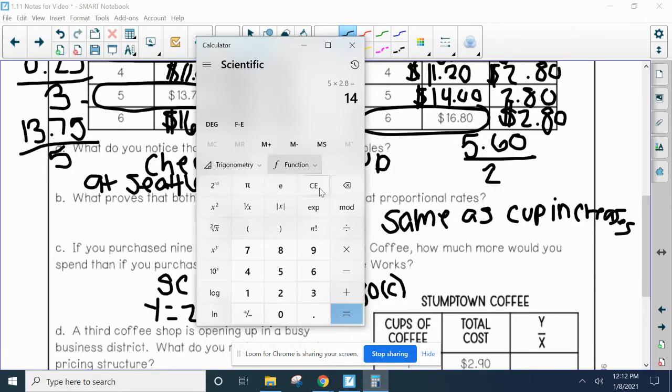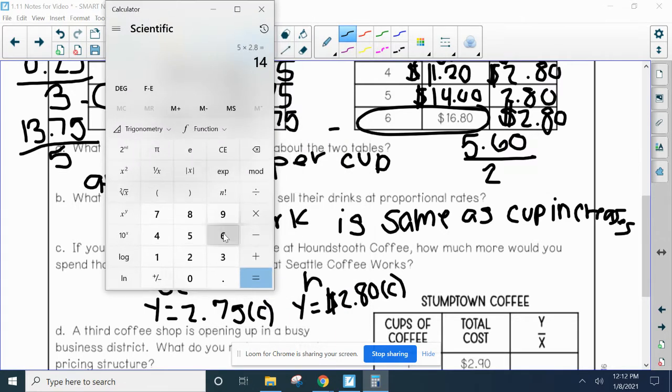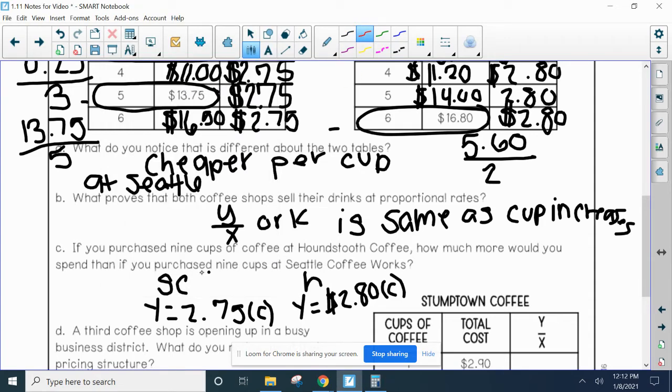We know that $2.75 times 9 cups, we're buying 9 cups both times, is going to be $24.75.